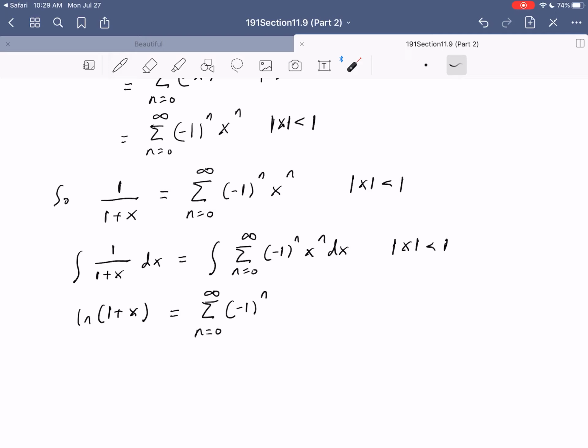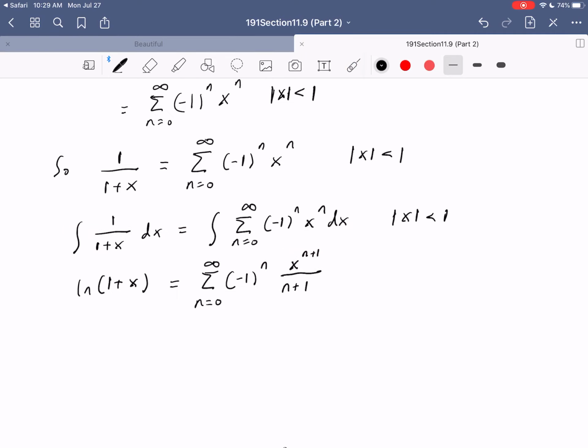Well, the great thing about these power series is that they're infinite polynomials, and integrating polynomials is really easy. All you do is power rule. So the new exponent is n plus 1. We divide by that new exponent and have n plus 1 in the denominator. Now, at least on one of these integrals, we have to have an unknown constant.